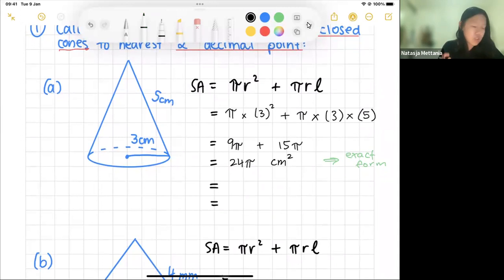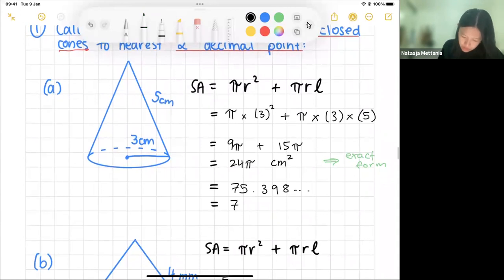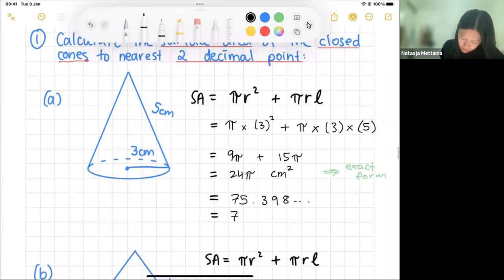Put 24 times pi into your calculator, which gives 75.398... and then round it to two decimal places, which will be 75.40 centimeters squared. That's our answer. That's the surface area for this cone.